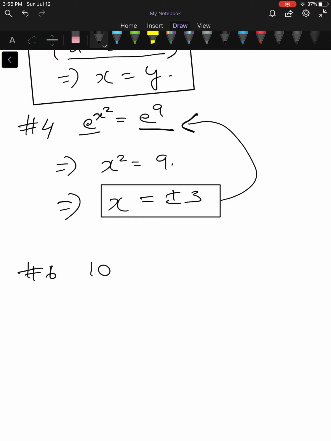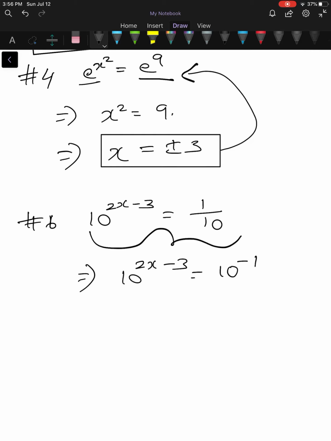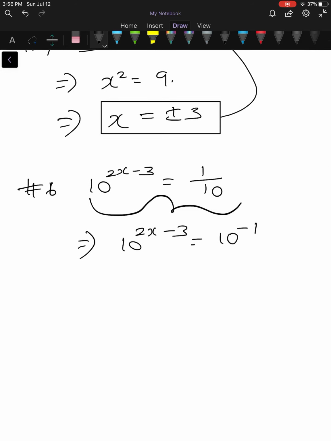And I would do another problem for you. This is number 6. Again, you have to find the solution of the exponential equation: 10 to the power of 2x minus 3 is equal to 1 over 10. This is not directly related to the method that we discussed above; you cannot see the method being applied directly here. So you have to rewrite this equation as 10 to the power of 2x minus 3 is equal to 10 to the power of negative 1.